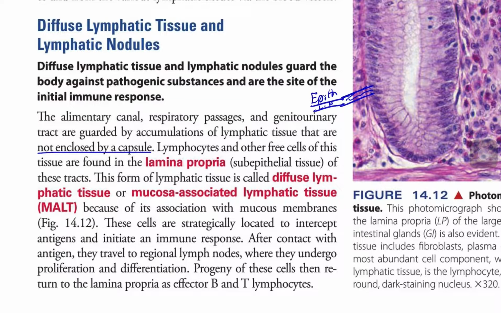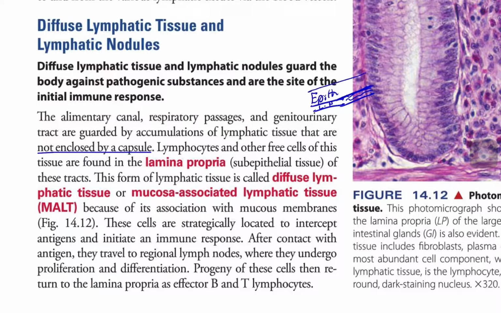This form of lymphatic tissue is called diffuse lymphatic tissue or mucosa associated lymphatic tissue, MALT, because of its association with mucous membranes. As we know, the mucous membranes are basically epithelial cells.